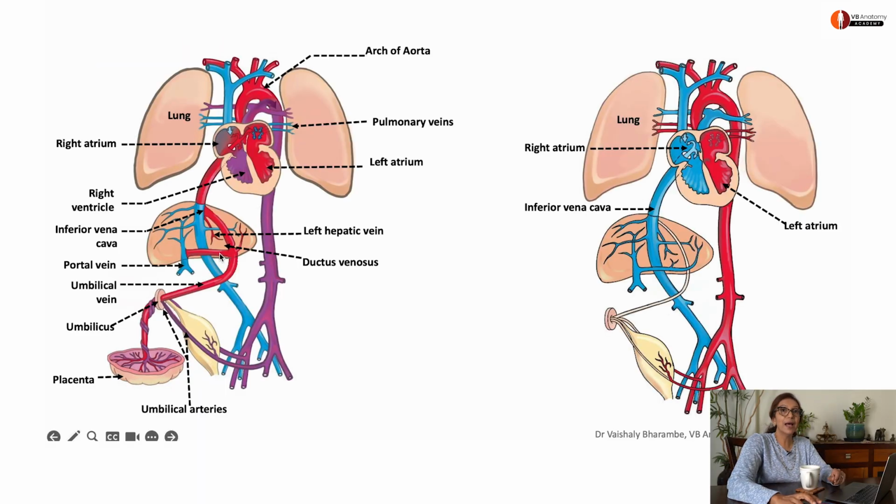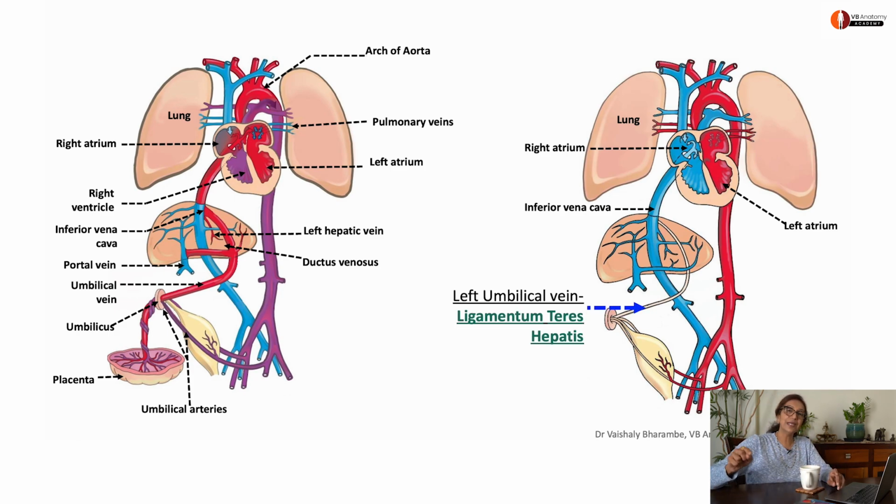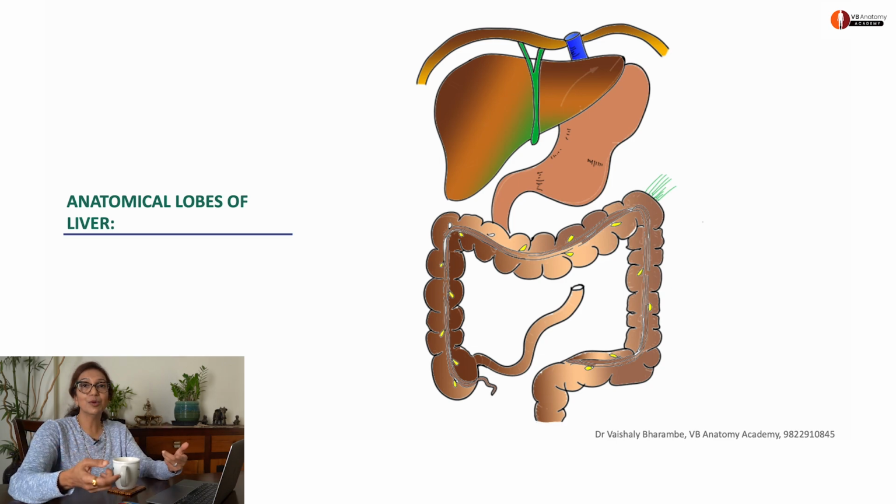When you are born, the placenta is going to pack up. So the left umbilical vein obliterates to form ligamentum teres hepatis, which is now found in our falciform ligament. The ductus venosus also closes shop, forming ligamentum venosum. These are some of the terminologies you're going to come across in the rest of the lecture.